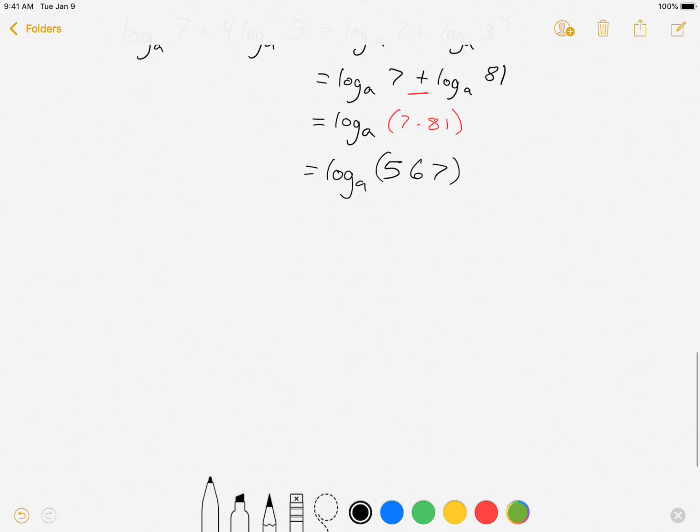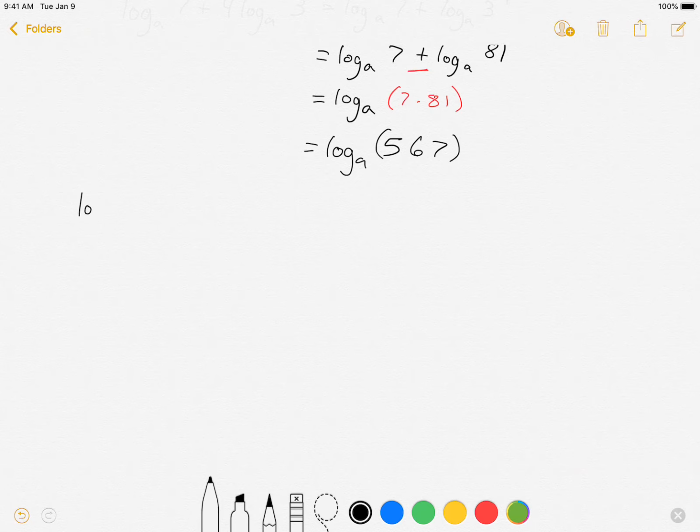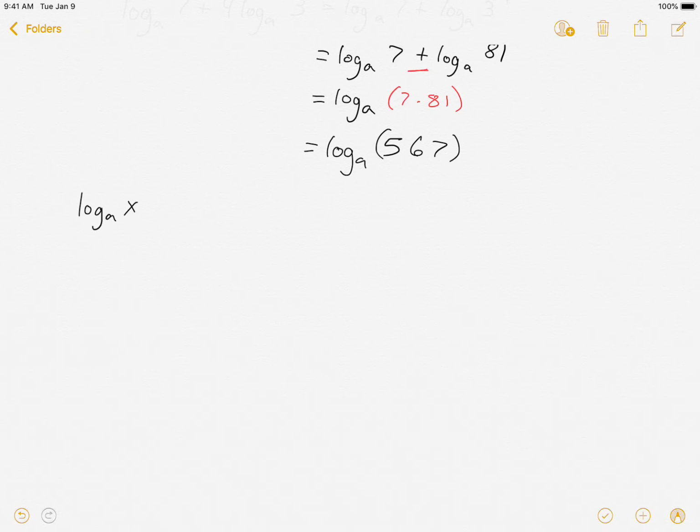Okay. Another example, log base a of x plus log base a of 9 plus log base a of x squared plus 1 minus log base a of 5. Now, I have no coefficients that I would write as exponents.